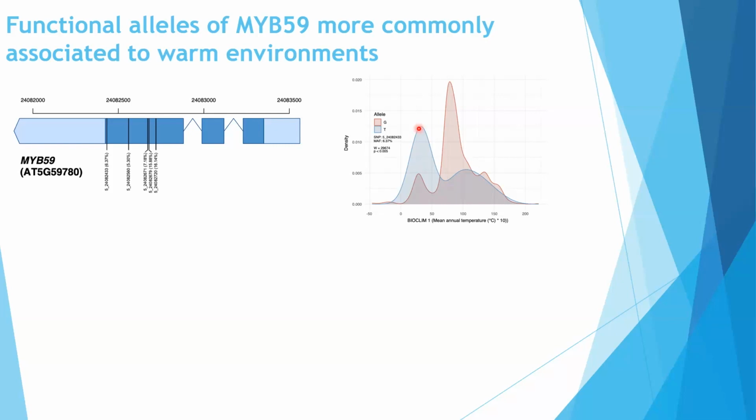And this actually showed us the functional alleles of MYB59 are way more common in warm environments. So in warm environments, there's selective pressure to have a functional MYB59.